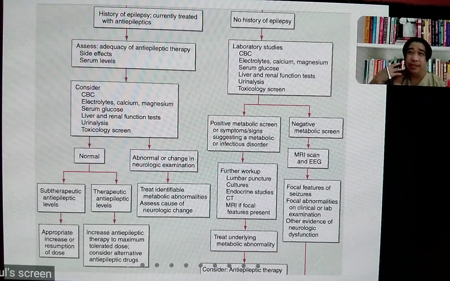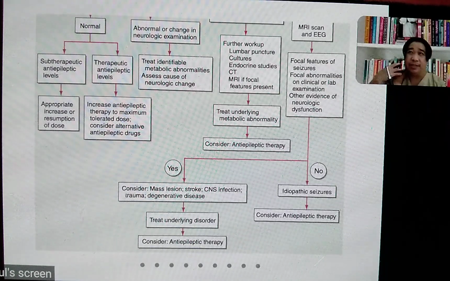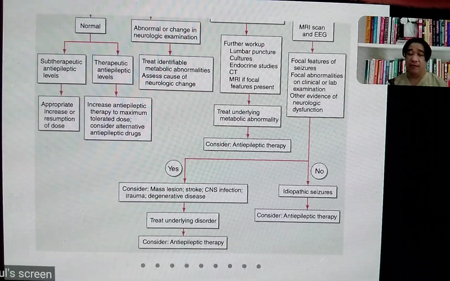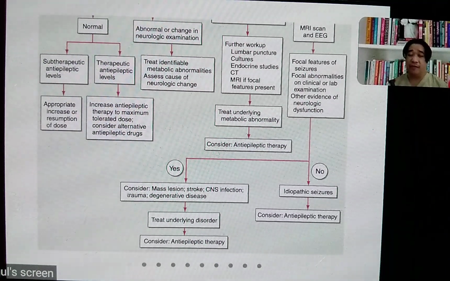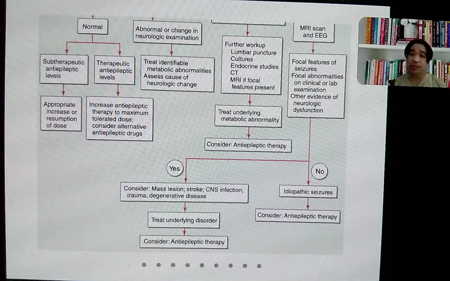Now, we only think of the lumbar tap if we are thinking infection. So if you do lumbar tap, then you're going to think infection. You have to remember the lumbar tap is supposed to be done before the antibiotics are started, and at least a CT scan should be done before a lumbar tap.